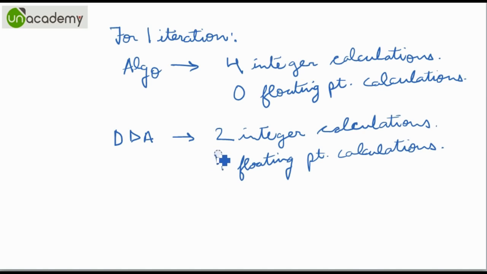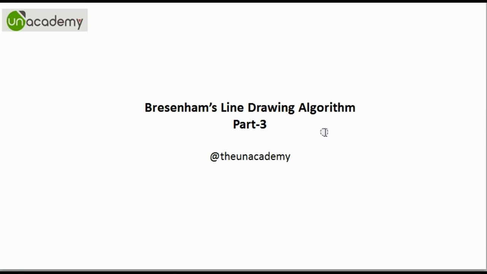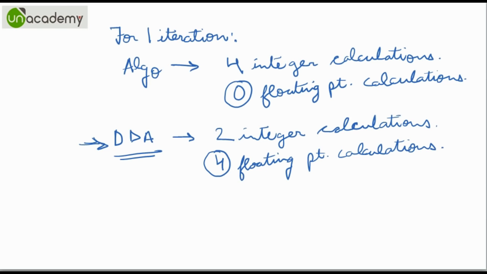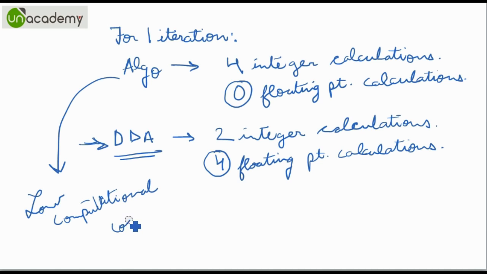So you can see that the amount of floating point calculations is too high in DDA. So it is a high computational requirement algorithm, whereas this algorithm that we just discussed, the Bresenham's line drawing algorithm, has very low computational cost, and hence it is better than DDA.